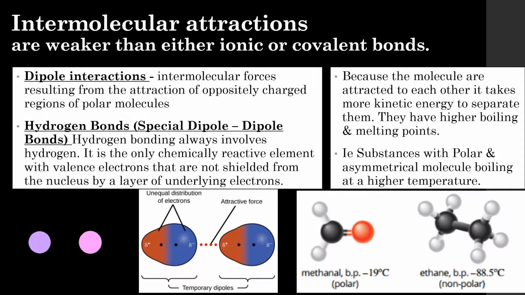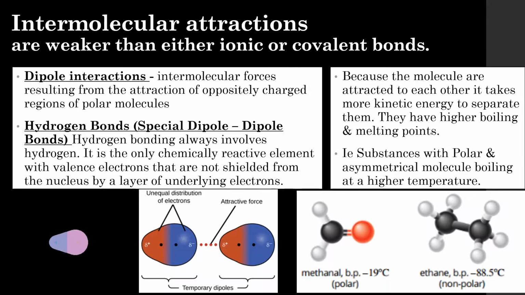The first sort is these dipole-dipole interactions or attractions. So these are intermolecular forces resulting from the attraction of oppositely charged regions of polar molecules. So you know from last lesson that covalent molecules can be polar, and so the negative end will be attracted to the positive end and vice versa.